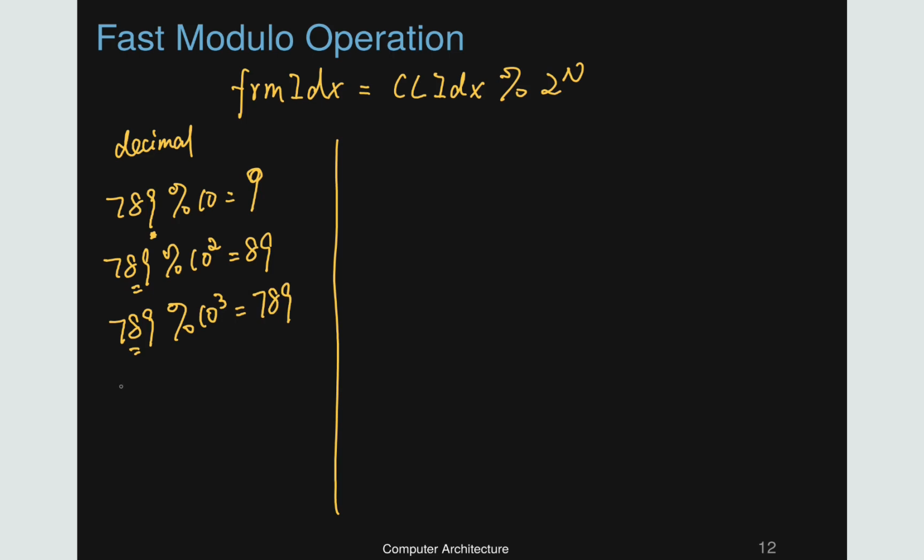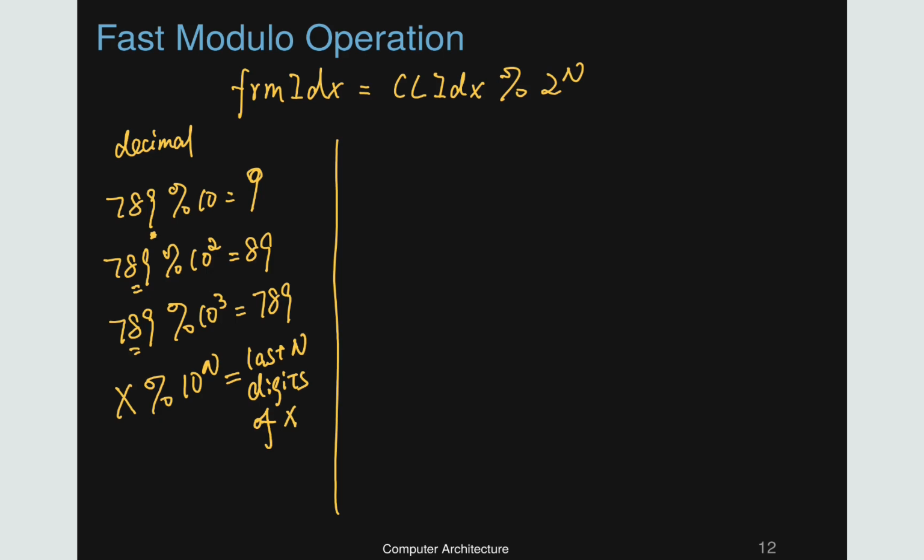In summary, if we have a decimal number x, and we want to do a modulo operation over 10 to the n, all we need to do is extract the last n digits of x, and it will give us the modulo operation result.